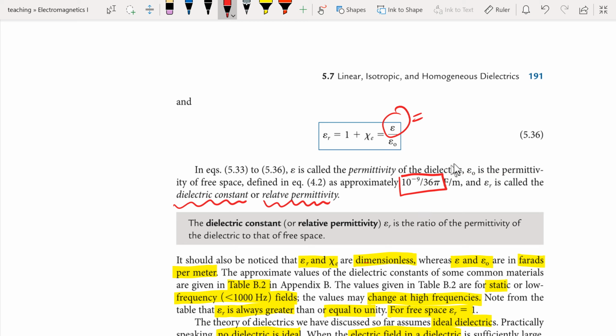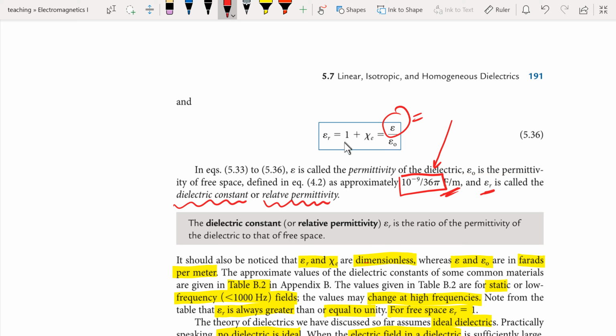So I'm saying that we have already met that epsilon naught is given by 10 power minus 9 over 36 pi in farads per meter. And the new term that we have just met is epsilon r, that we have defined as the relative permittivity. And we are saying that it has a value that is always greater than or equal to 1.